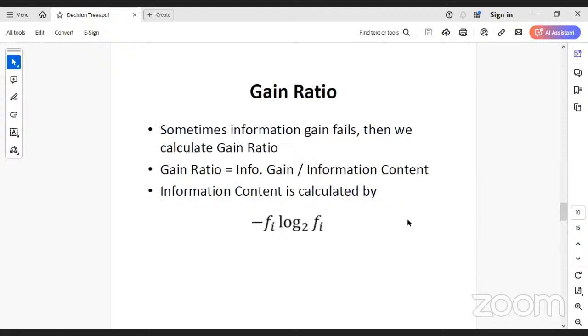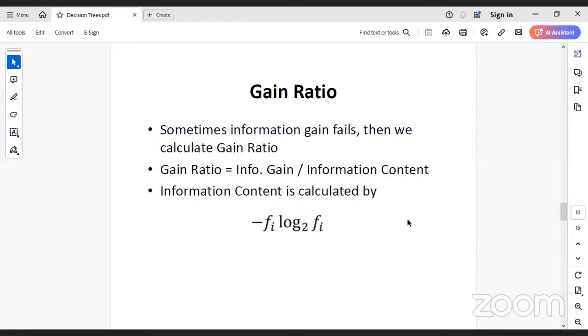So they said, I will calculate a new ratio called gain ratio, which is information gain divided by information content. Information content is nothing but the number of levels, categories, or classes in each attribute of the model. They gave it a new name called gain ratio.